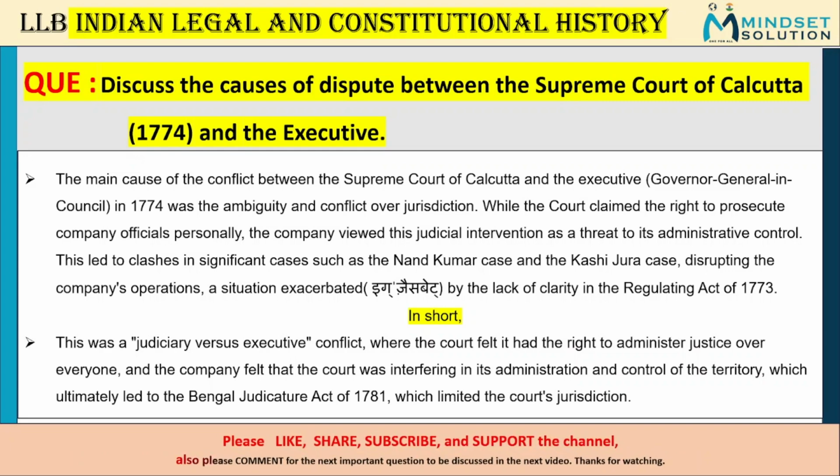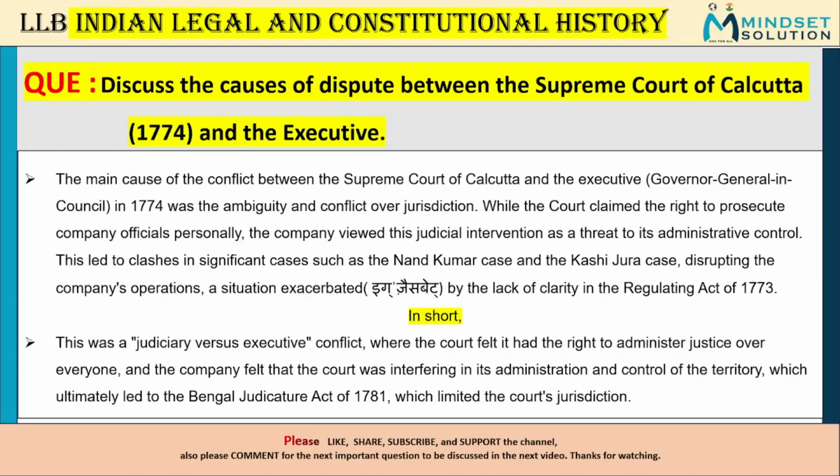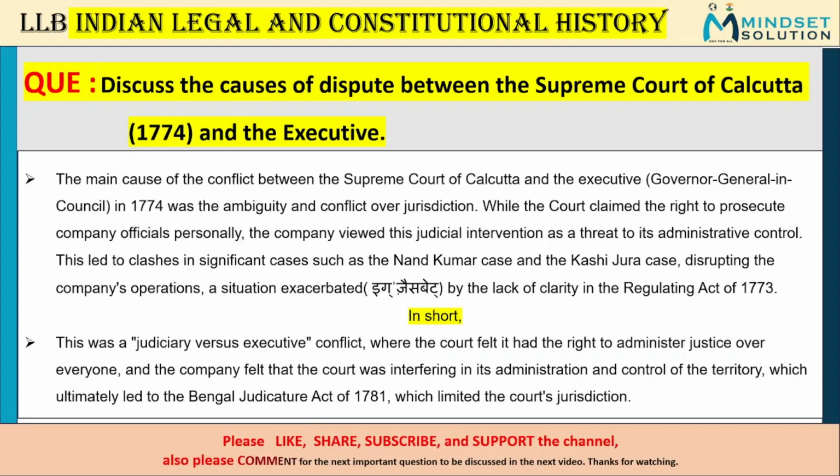This led to clashes in significant cases such as the Nand Kumar case and Kasijura cases, disrupting the company operations, a situation exacerbated by the lack of clarity in the Regulating Act of 1773.